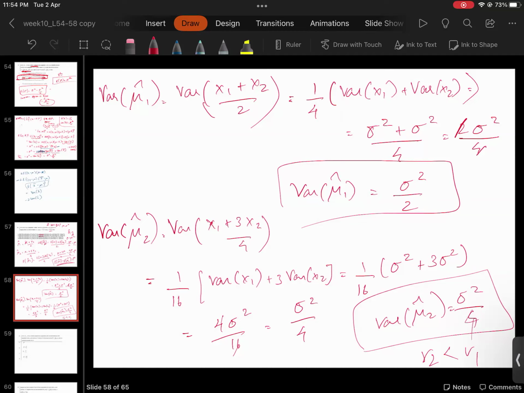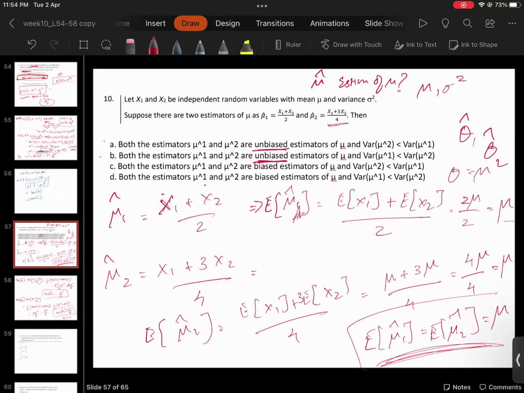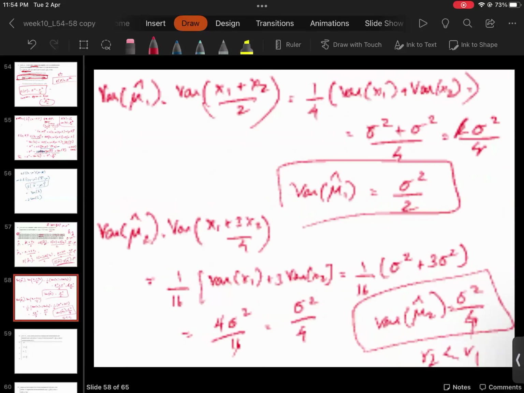Because it has a larger denominator. So option A is the correct answer: variance of mu hat 2 is less than variance of mu hat 1. Option A.